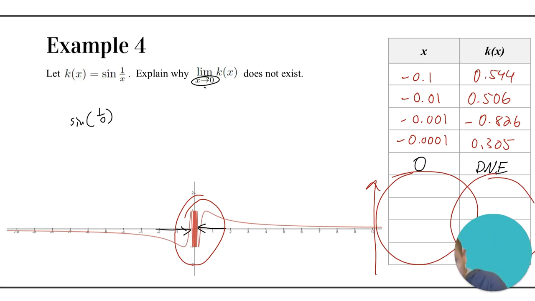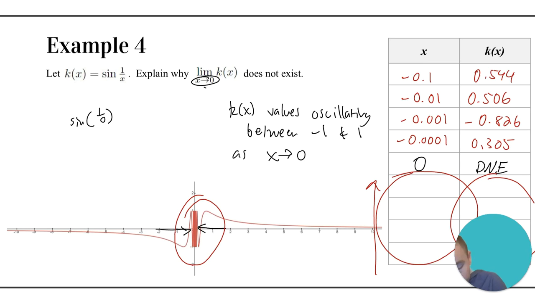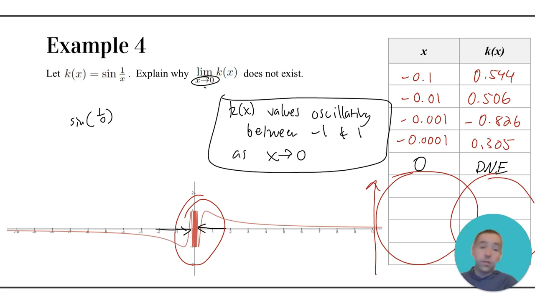So basically, to keep this simple, the k of x values are really just oscillating between negative 1 and positive 1 for y values as x is headed towards 0. And because of that behavior, the limit of the function k of x as x is headed towards 0 is just not going to exist.